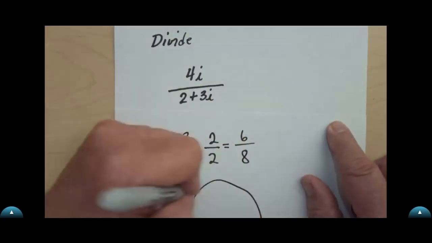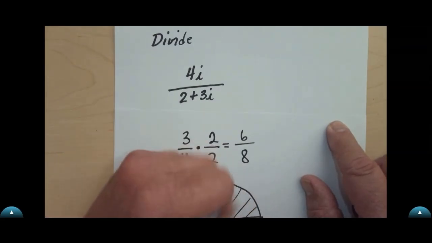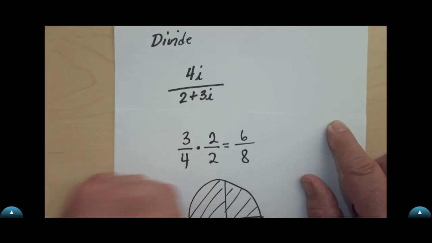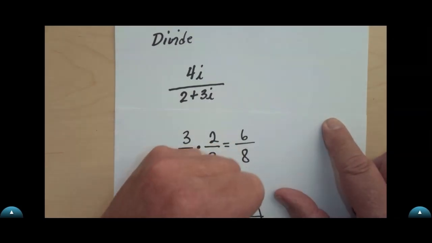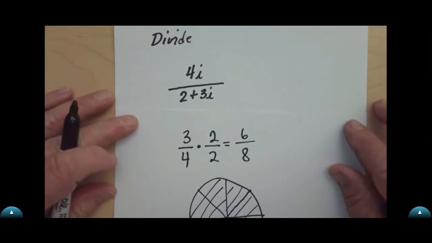By the way, going back to the old pizza problem, if we had 3 out of 4 slices of a pizza, 3/4 of a pizza, and I sliced everything again, now I've got 6/8 of the pizza, but that's still just 3/4 of the pizza, right?